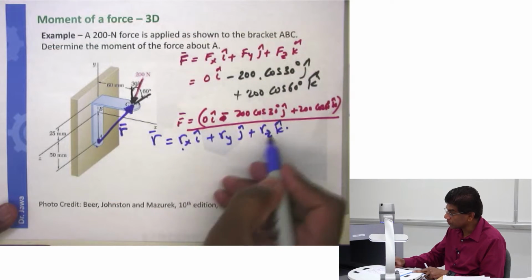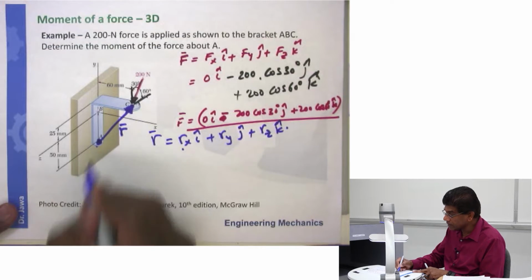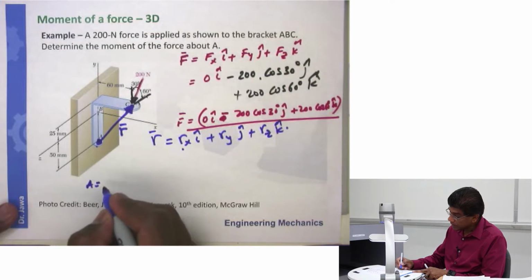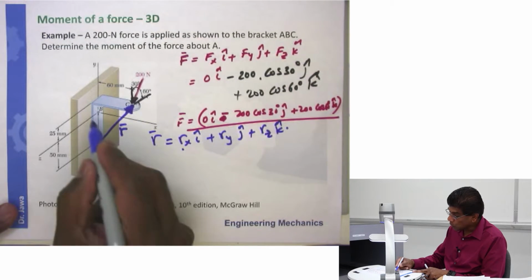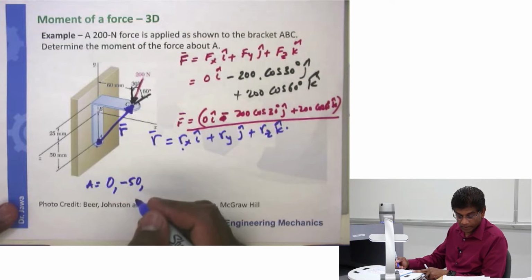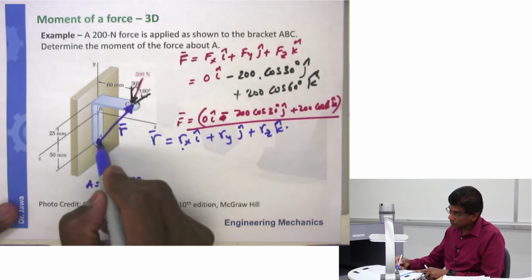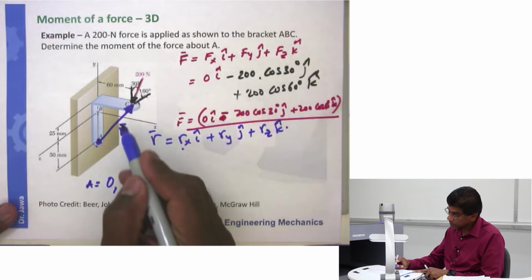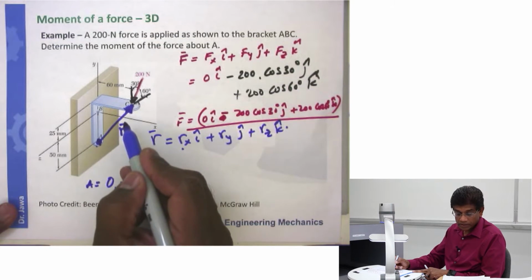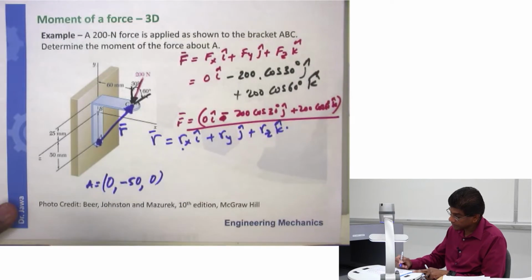But I need to find these x, y, z components, and the easiest way to do that would be to find the coordinates of A. The x coordinate is 0, the y coordinate is negative 50, and the z is 0, right?